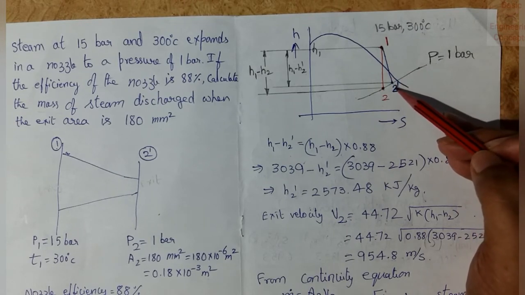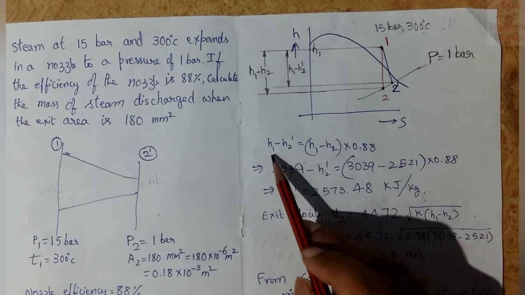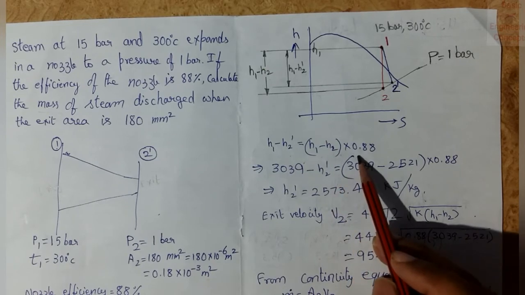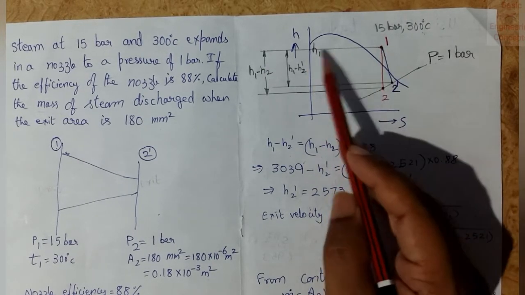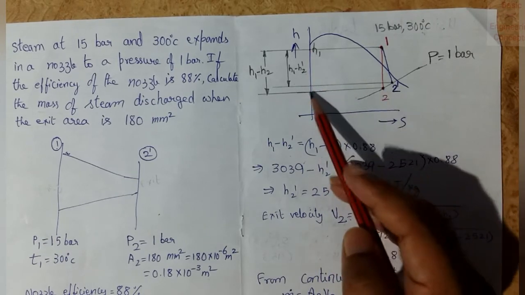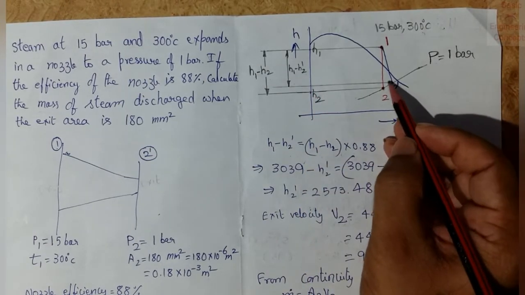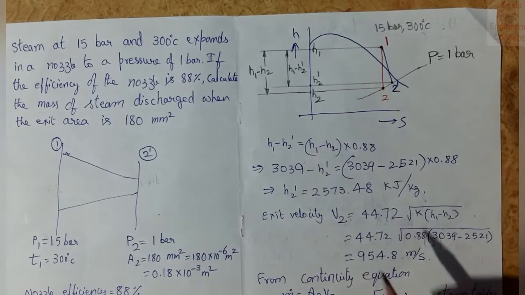So how do we get this point 2 dash? For this, h1 minus h2 dash is equal to h1 minus h2 into 0.88. If you draw a horizontal line, the value here is h1. If you draw a horizontal line here, the value of this is h2. Similarly, if you draw a horizontal line here, the value should be h2 dash.